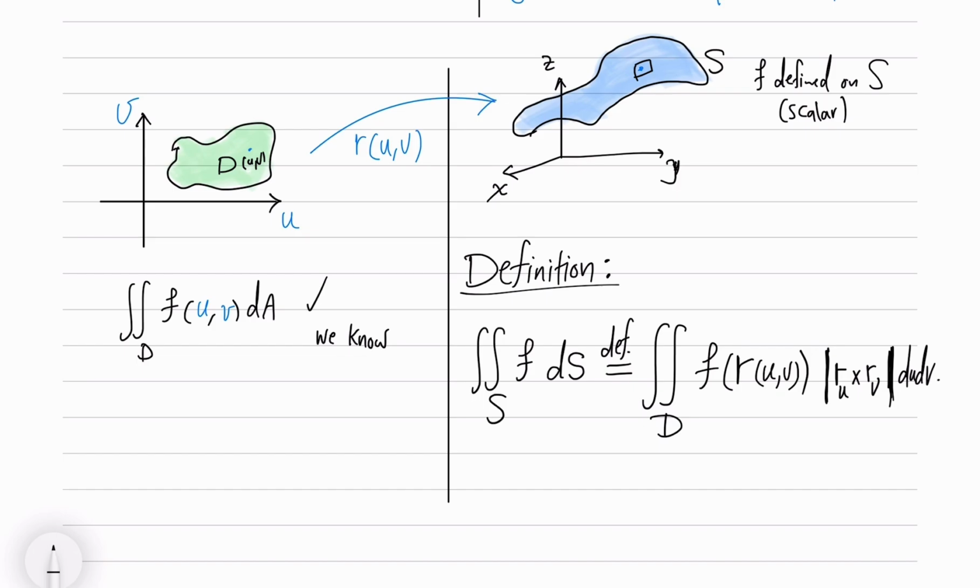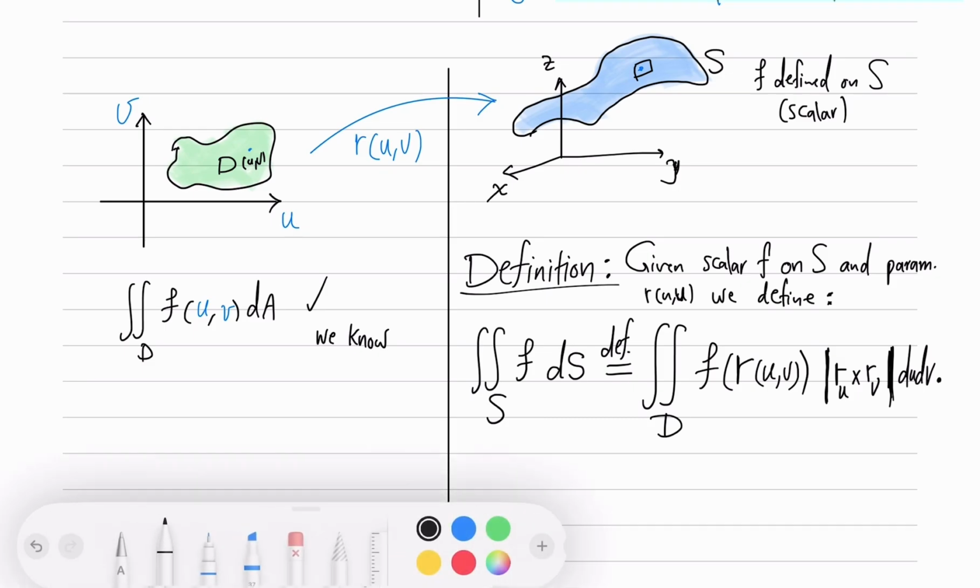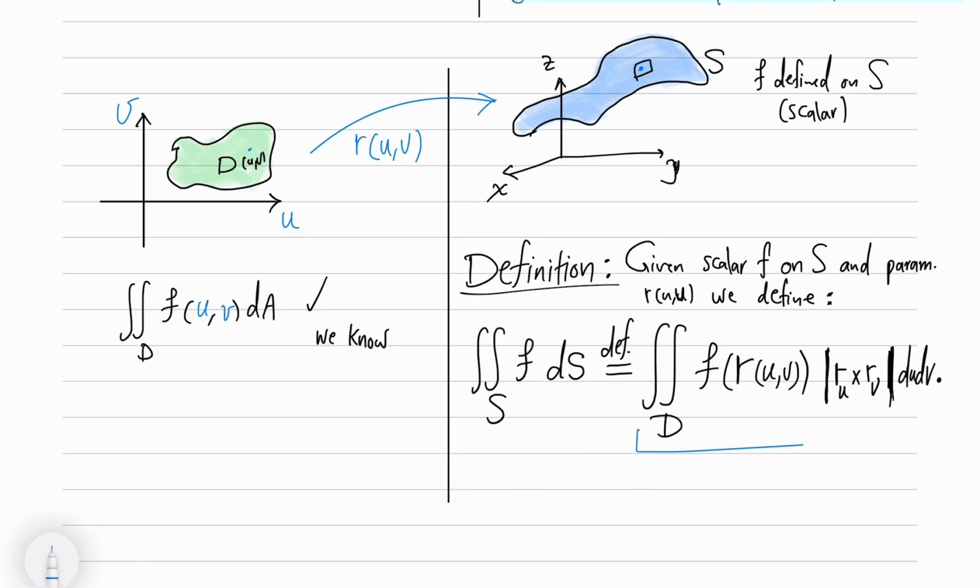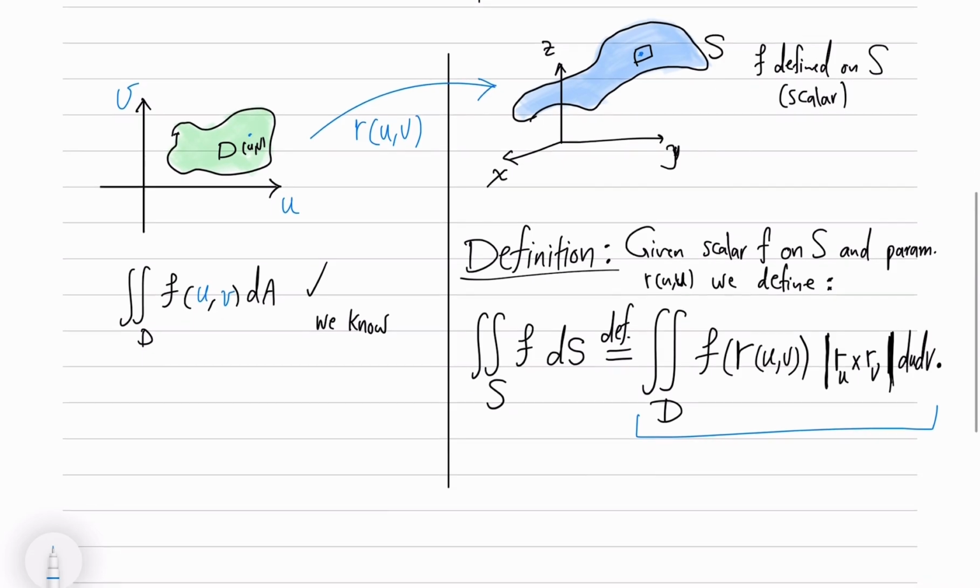So given a scalar f on S and a parameterization r(u, v), we define the integral to be equal to that. Let's check if this side, which we claim to be something meaningful, is indeed meaningful.